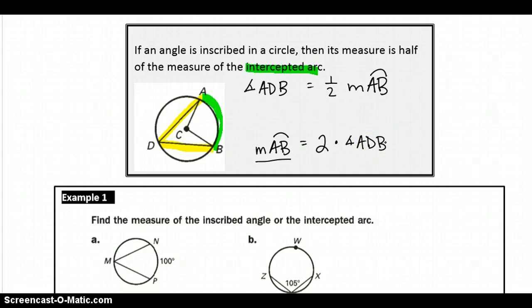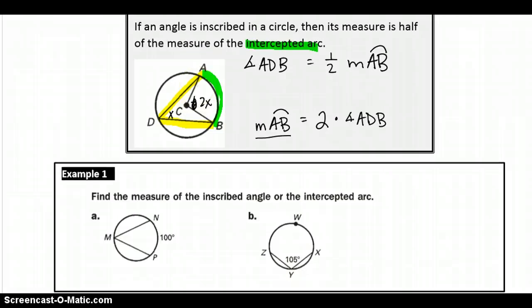Okay? So, if the inscribed angle here is x, then the intercepted arc has a measure of 2 times x. The inscribed angle is half the intercepted arc. We're going to do an example of this.